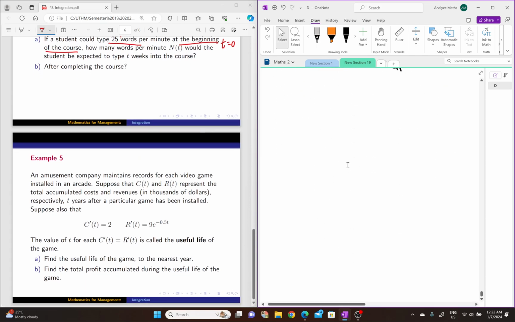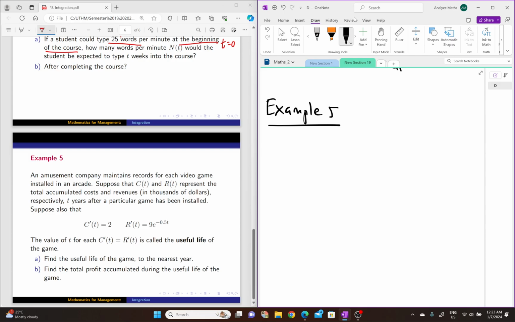Last one, number 5, example 5. An amusement company maintains records for each video game installed in arcade. Suppose C(t) and R(t) represent the cost and revenue t years after a particular game has been installed.